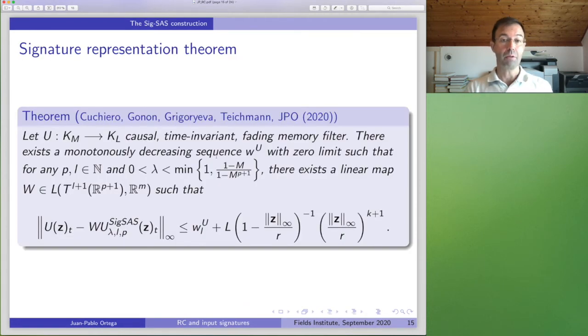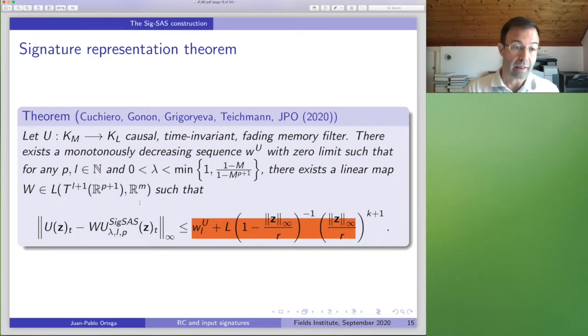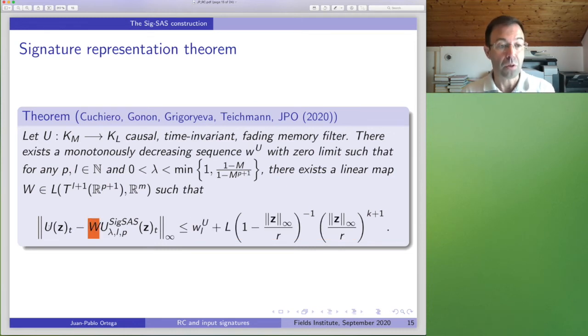So this is the theorem that I wanted to show you, right? So if I give you a U, all you need to do, if you want to approximate it to a given error budget, let's call it like that, is take your SSS system, crank it, and find me the coefficients that produce this approximation. But this approximant is the same for any U, right?